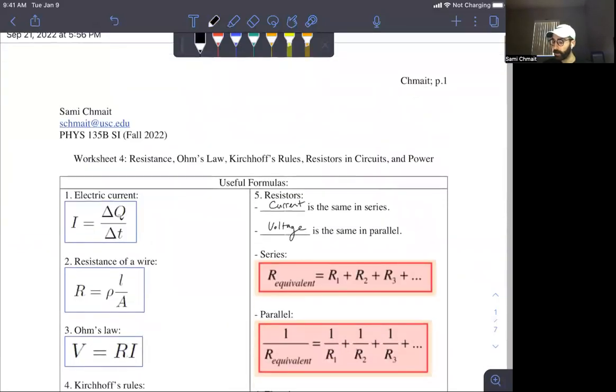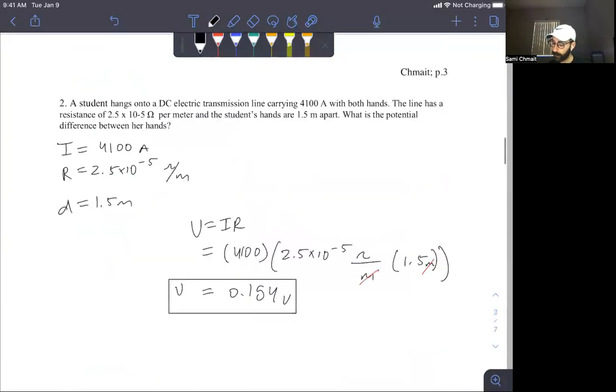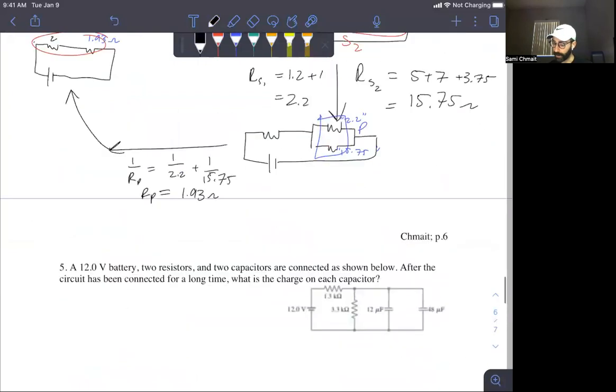So let's first look back at our little key here, right? Current is the same when there's resistors in series, and voltage is the same for resistors that are in parallel, right? So let's just be really clear about that. Let's write that.